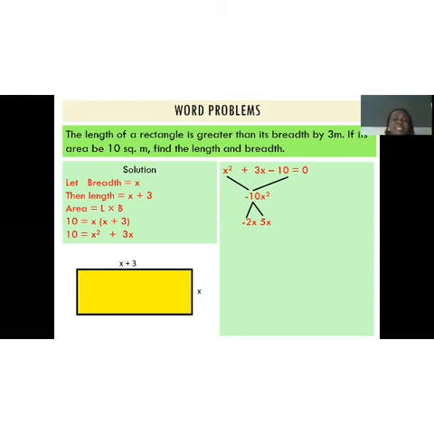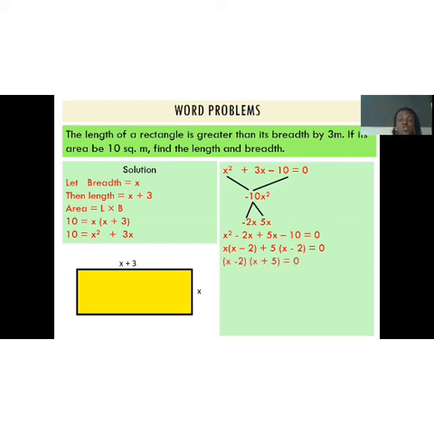So we'll replace 3x with minus 2x and 5x. And then we factorize. x is common for the first 2 terms, so x into x minus 2, plus 5 is common for the next 2, so 5 into x minus 2. So we pick one common bracket, and that gives us x minus 2 into x plus 5.